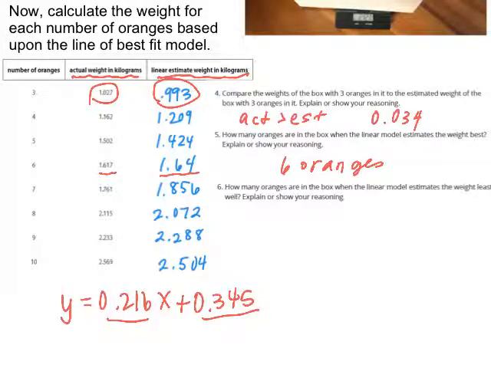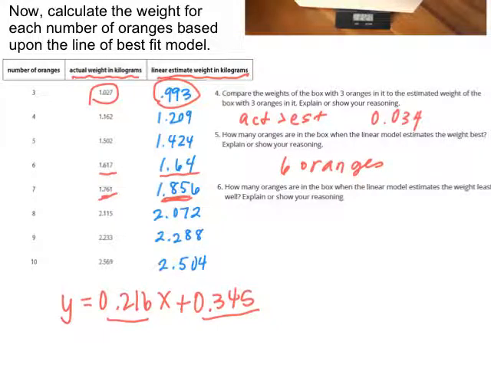All right. And then it says, how many oranges are in the box when the linear model estimates the weight least well? Explain or show your reasoning. So now I'm looking for what we're going to call the residual, the difference between actual and linear, that's the greatest difference. If I look through here, it looks like it's right here, 7 oranges.